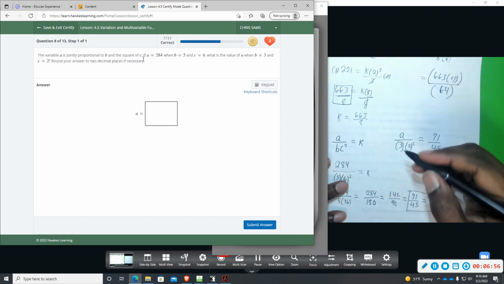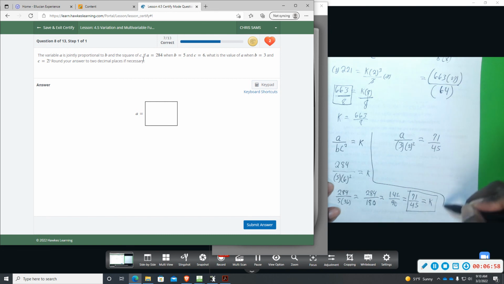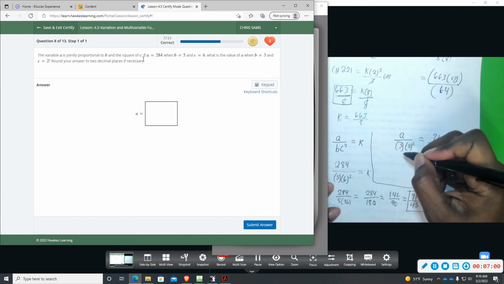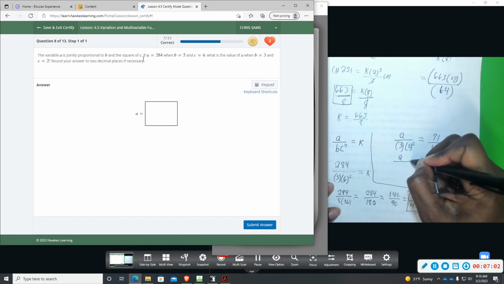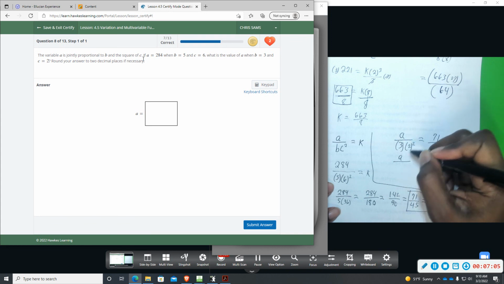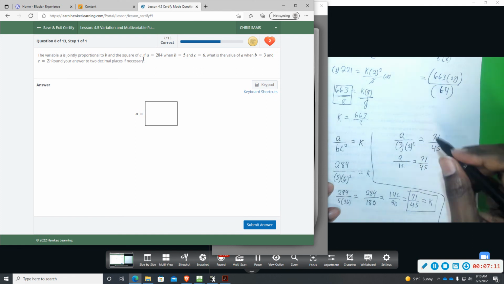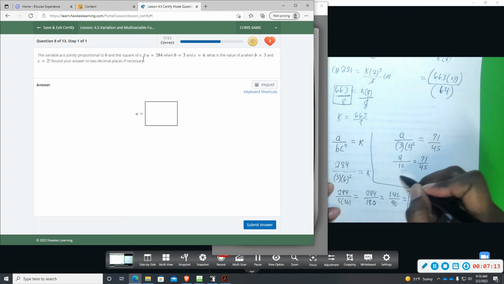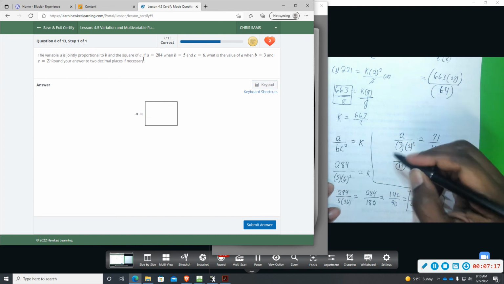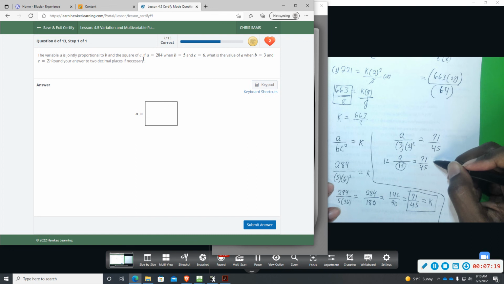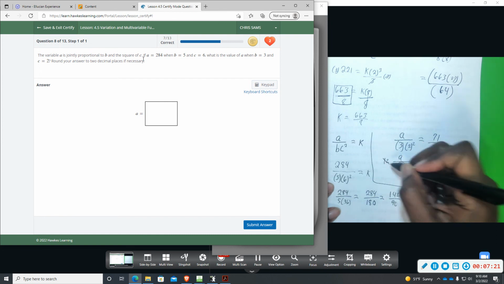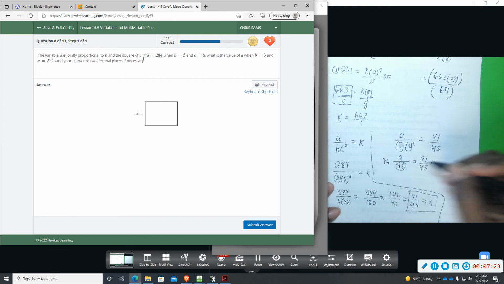All right, so we're going to simplify. This will be A divided by, this is 3 times 4, I'll just go ahead and do 12, equals 71 over 45. And this looks similar to a proportion setup where you would cross multiply, but in this case we just have to multiply by 12. So we're going to multiply by 12 on both sides, and that will get rid of 12, and then 12 times this will give me A.